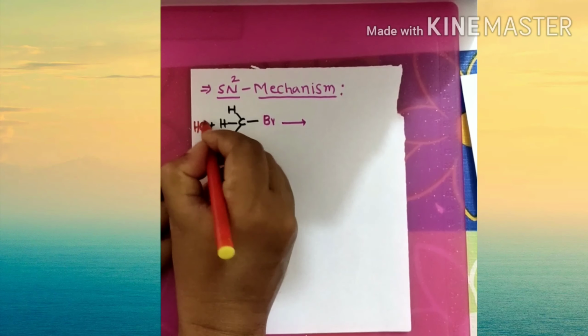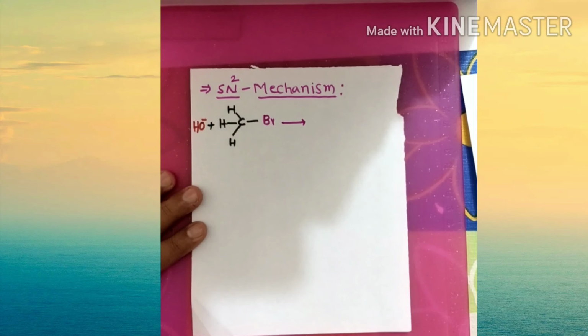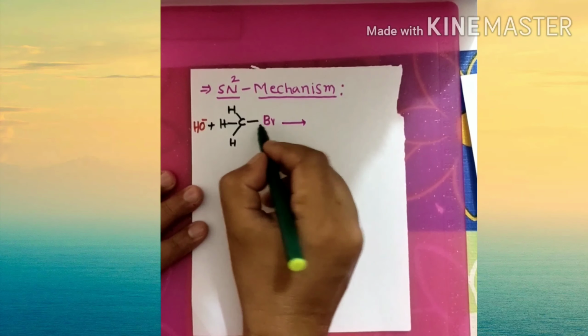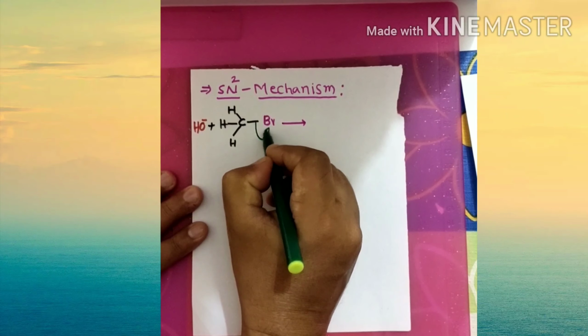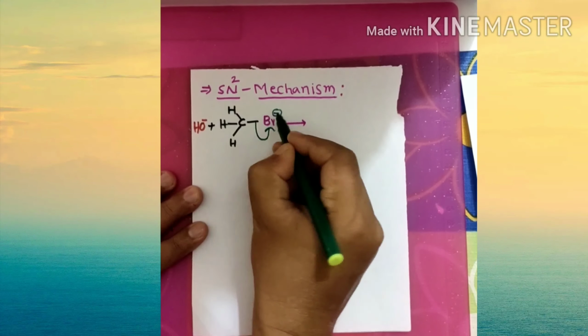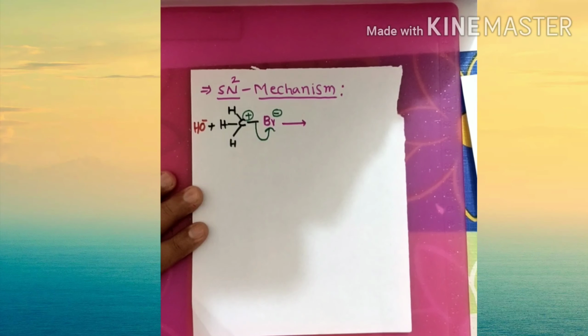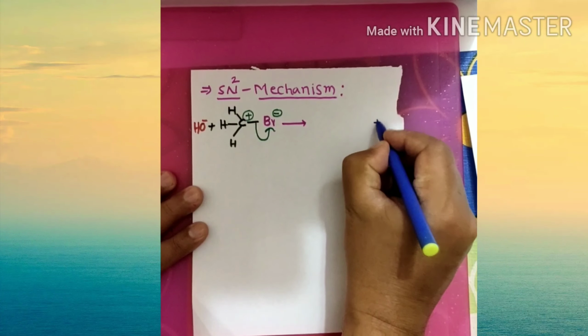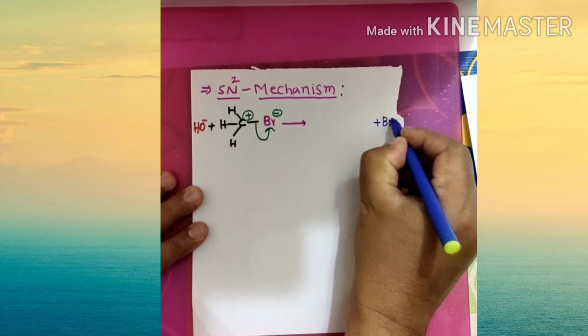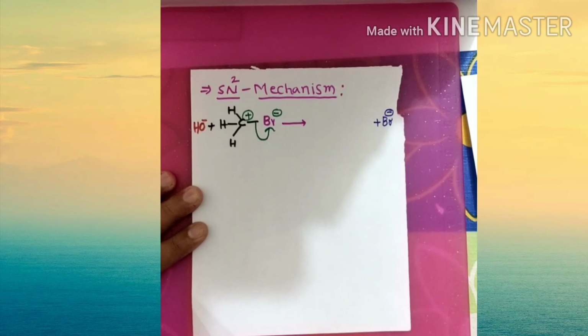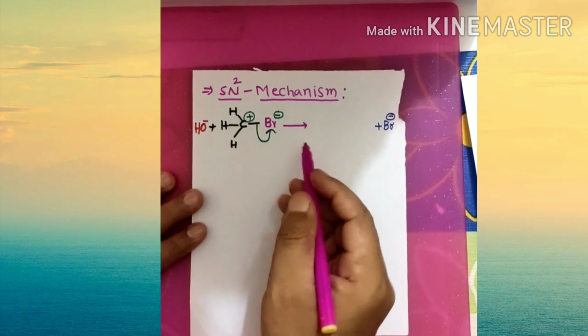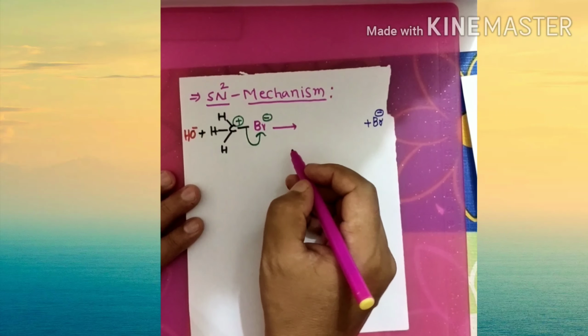Before attacking, it needs a carbocation. So this bromine is more electronegative and this is the carbocation. So the leaving group moves ahead. This is the leaving group, bromine in the form of bromide, and the byproduct.